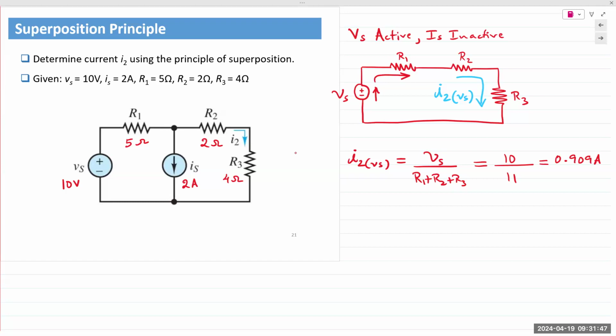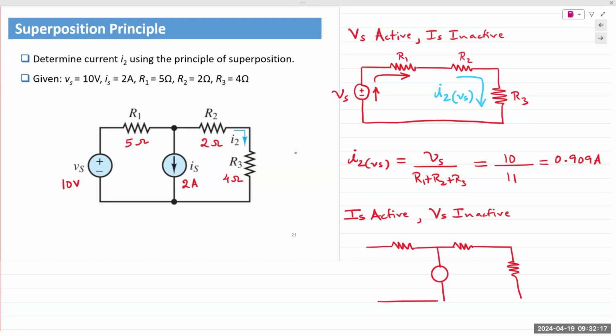Okay, then let's take a look at what happens when Is is active and Vs is inactive. So let's first draw the circuit out without Vs. And current source Is is coming down.